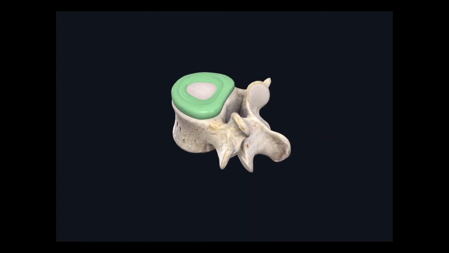The section highlighted in green is called the annulus fibrosus of an intervertebral disc. The word annulus might sound familiar because we learned a region called digitus annularis, which meant ring finger. So right here we have a fibrous ring that's part of the intervertebral disc.